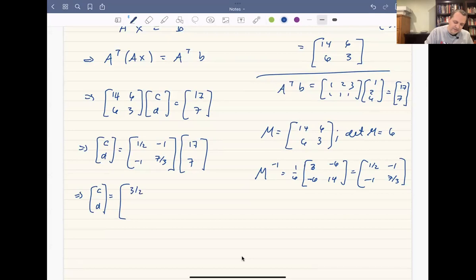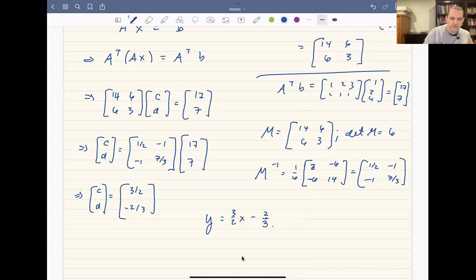And then -17 plus 49/3. -17 is -51/3, plus 49/3 will be -2/3. And so that means that our line of best fit, our Cx plus D that's going to work, is going to be 3/2 x minus 2/3.